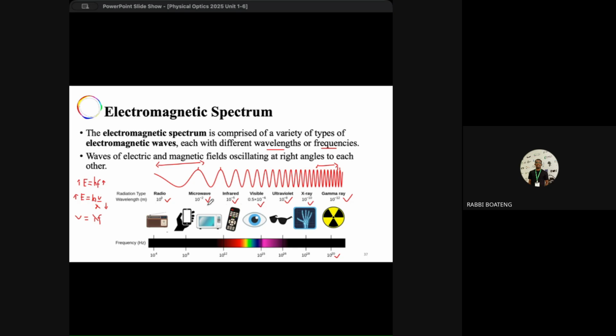Now, let's move to the radio waves. With all the radiation, radio waves is the least one in terms of energy. The energy is very, very minor. So it has the lowest level of energy. But if energy is low, wavelength is supposed to be what? Question to the class.